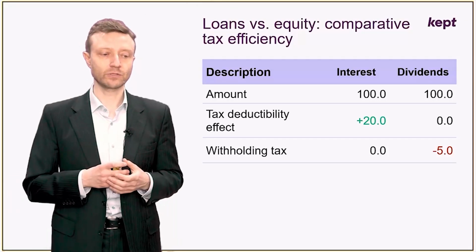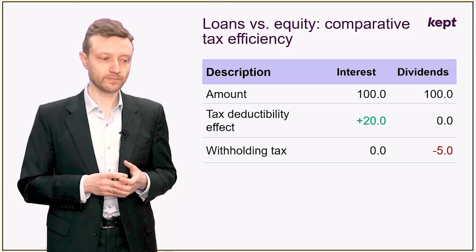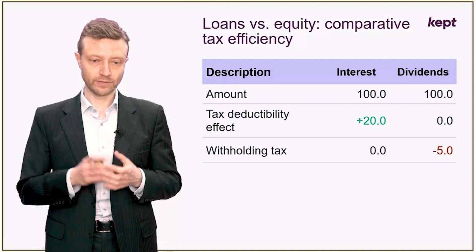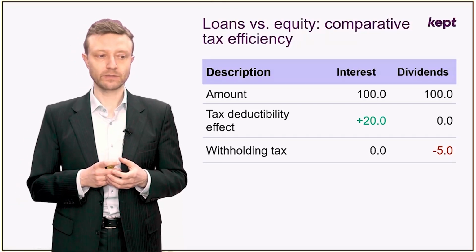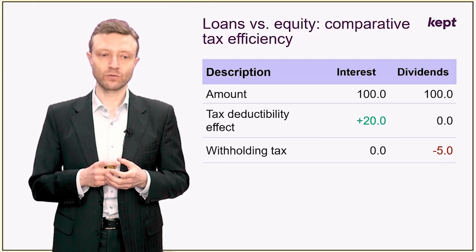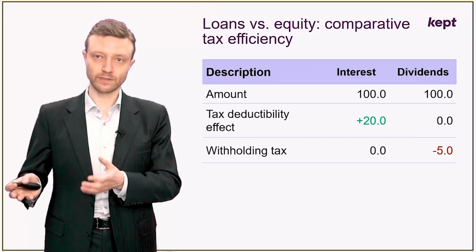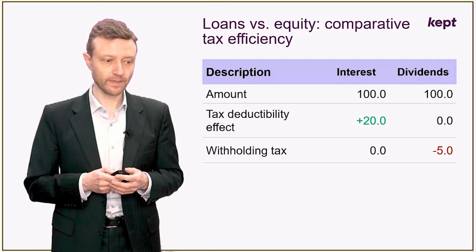But overall, it is possible to reduce withholding tax on dividends from 15% to 5%. And for interest, there is an exemption in the double tax treaty. This is why interest can be paid from Russia to the Hong Kong holding company free of withholding tax, which is another advantage in this particular situation of interest compared to dividends.